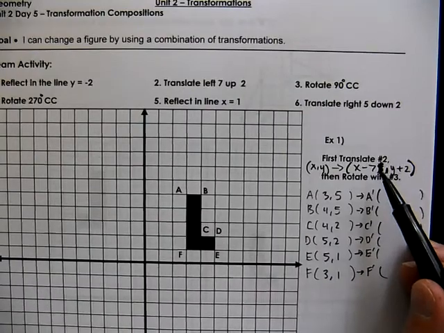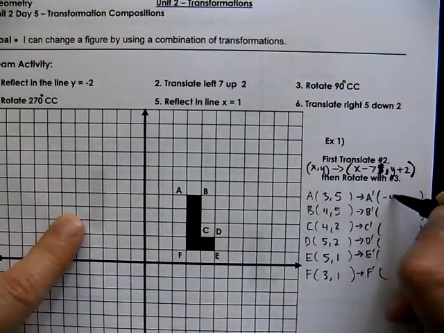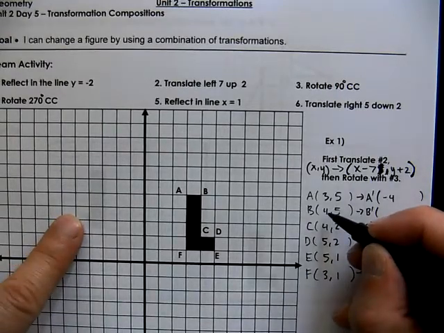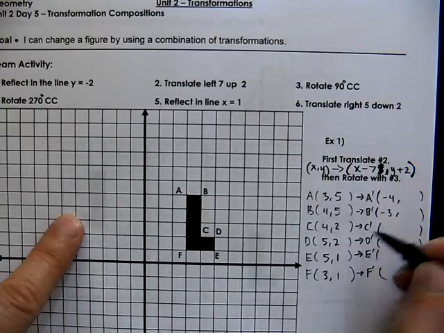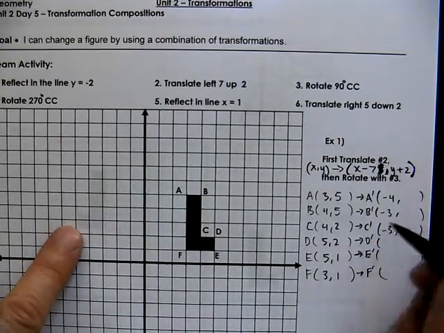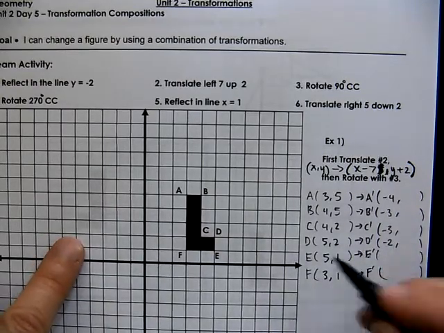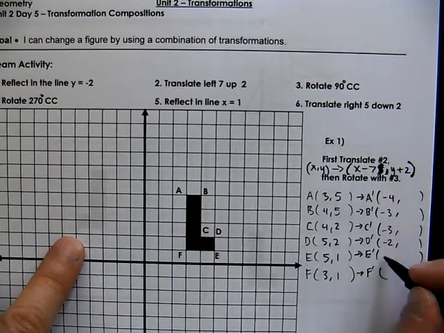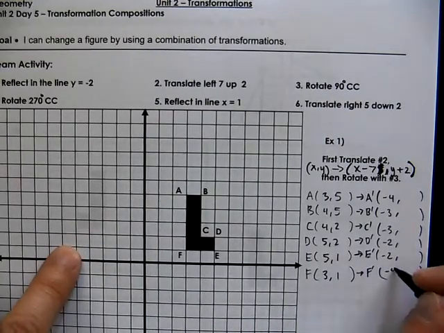Alright, so that means 3 minus 7 is negative 4. 4 minus 7 is negative 3. For point C, 4 minus 7 also negative 3. For point D, 5 minus 7 is negative 2. And 5 minus 7 again is another negative 2 for point E. And then lastly, 3 minus 7 is negative 4.